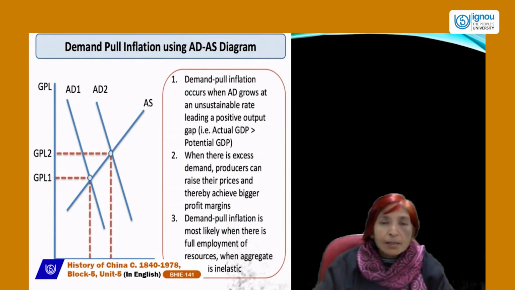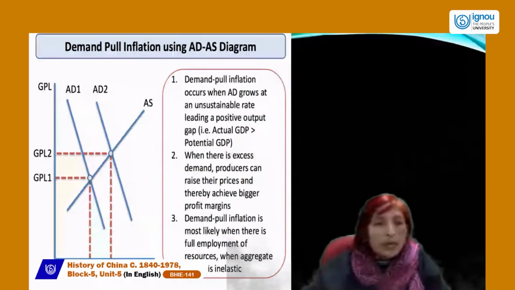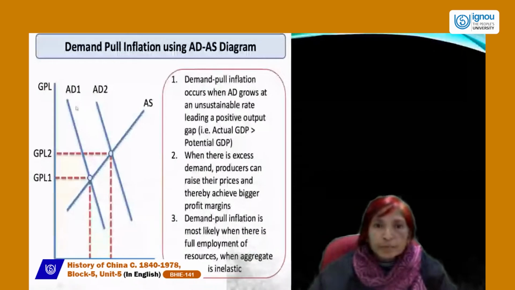On the x-axis, we have taken real GDP and on the y-axis, price level is written. Now, if aggregate demand increases in this diagram, first aggregate demand is AD1 and the aggregate supply curve will remain only AS1 because here we are showing demand pull inflation.